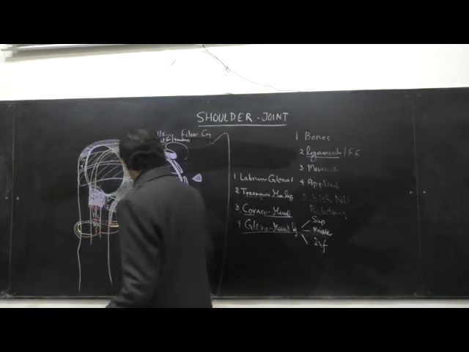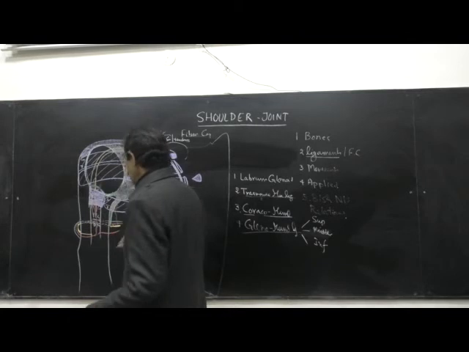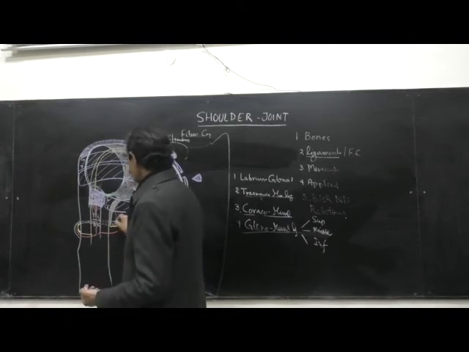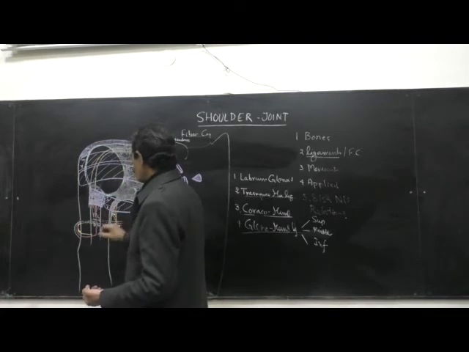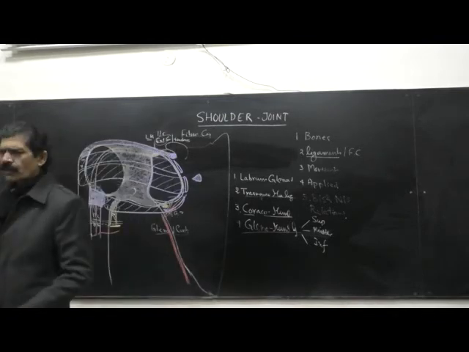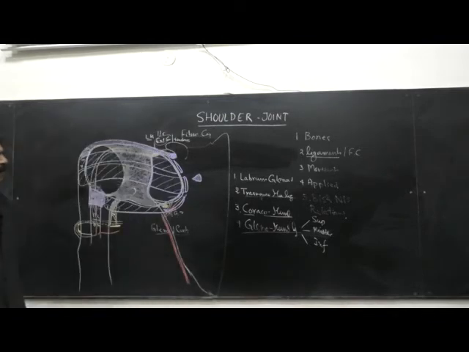Then an artery runs along the lateral border of the scapula, the subscapular artery. It also supplies the fibrous capsule and the shoulder joint. Regarding nerve supply, the articular branches of the axillary nerve supply the shoulder joint.